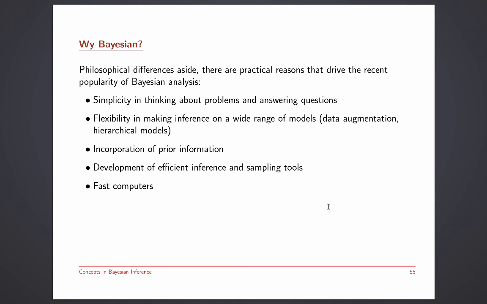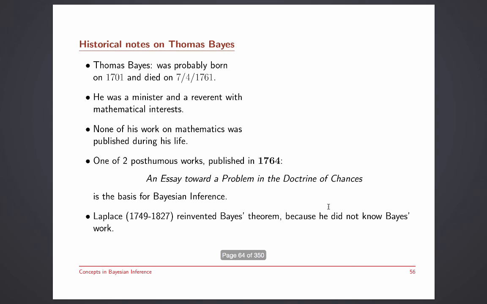Think about data augmentation, hierarchical models, etc. The possibility of incorporating prior information can also be an advantage. The development of efficient inference and sampling tools is also useful. Very often, Bayesian analysis is much easier than a frequentist analysis. And now, especially with the development of very fast computers and fast algorithms, this is an advantage.